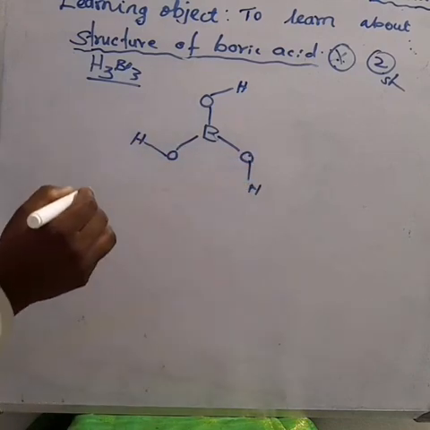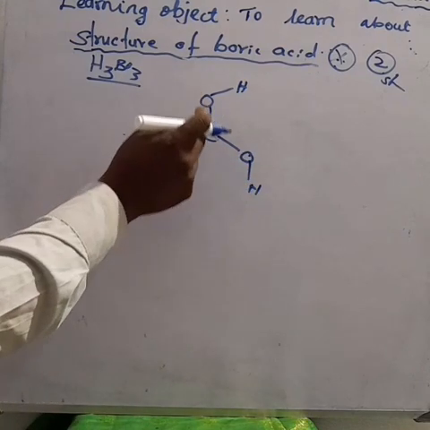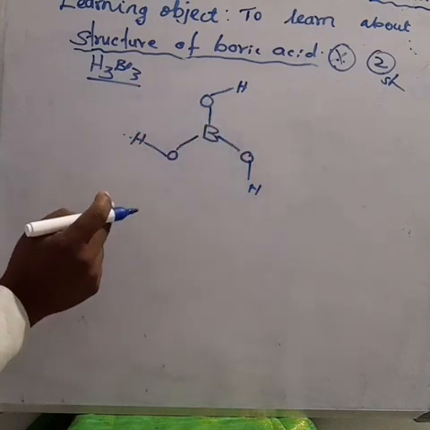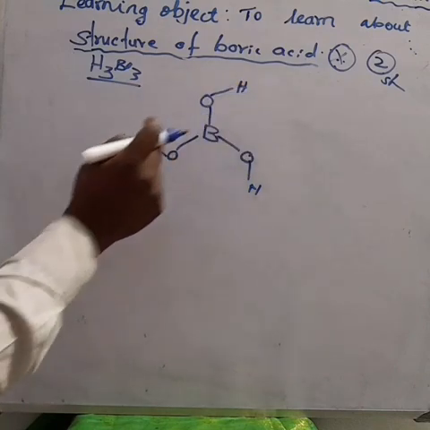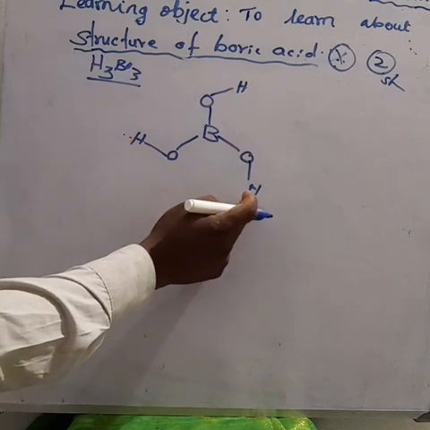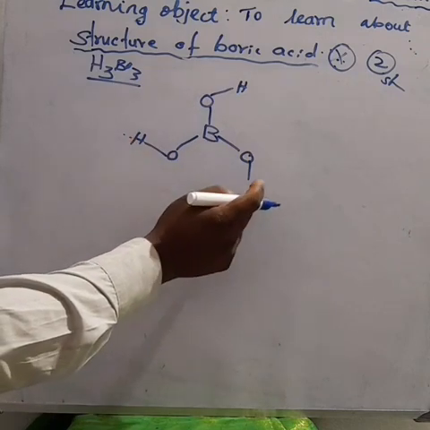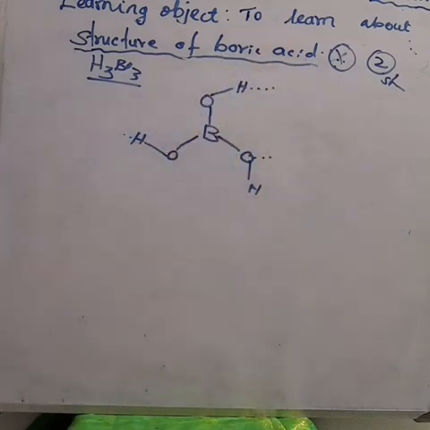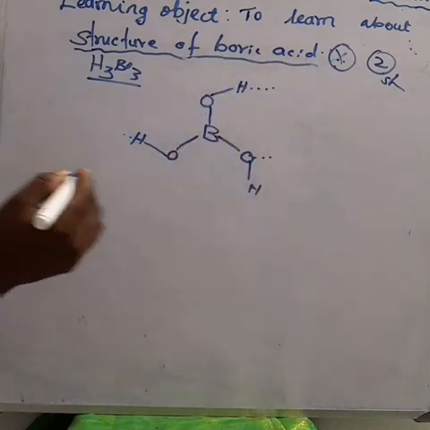I am starting from boron. Here one oxygen atom, here one oxygen atom, and above one oxygen atom, and above one hydrogen, this side one hydrogen, and the last below one hydrogen. They have another bonding. Here a dotted line shows another weak bond.